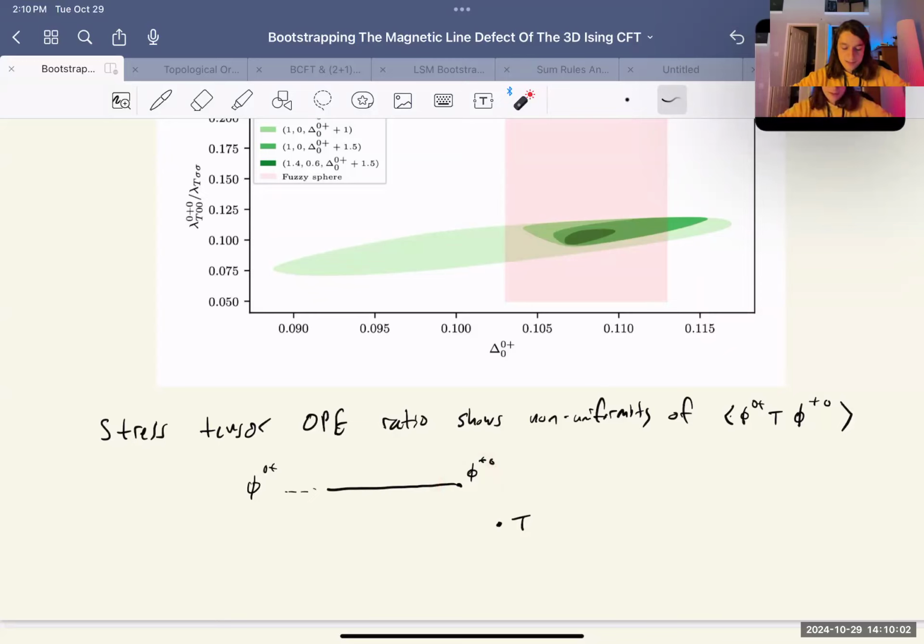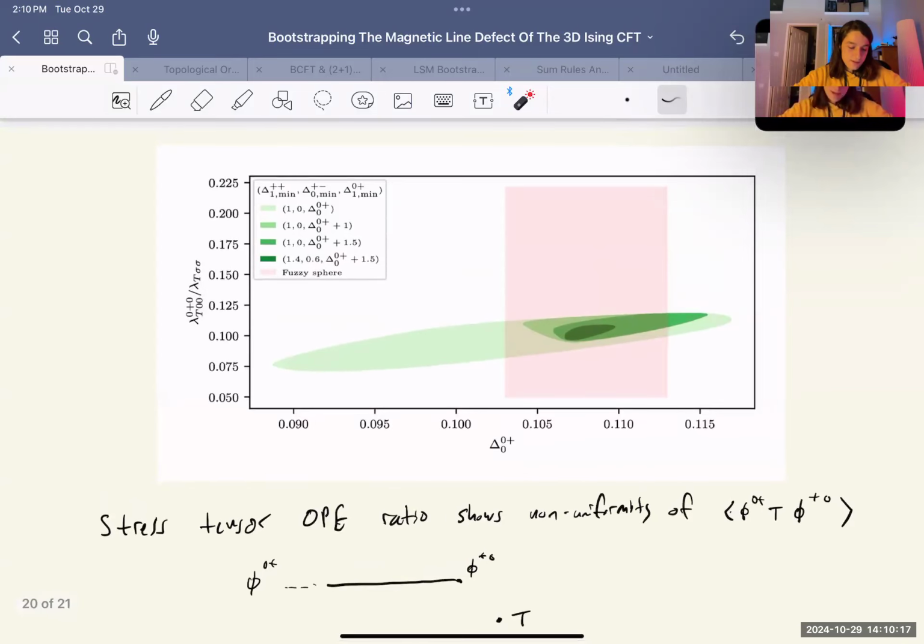And so the expectation is that the 3-point function of phi with T should be lower than what it would be if these operators were just standard local operators. And indeed, if we think about the ratio of these OPE coefficients, what they should really give if they were just local operators would be delta phi 0 plus over delta sigma.